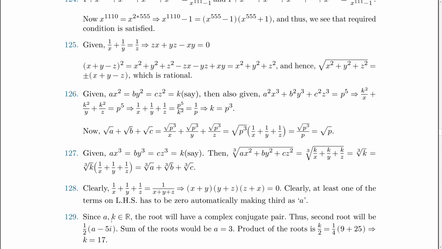Since a and k of the equation are both in the set of real numbers, the roots will be a complex conjugate pair, and therefore the second root will automatically become half into (a minus 5i).